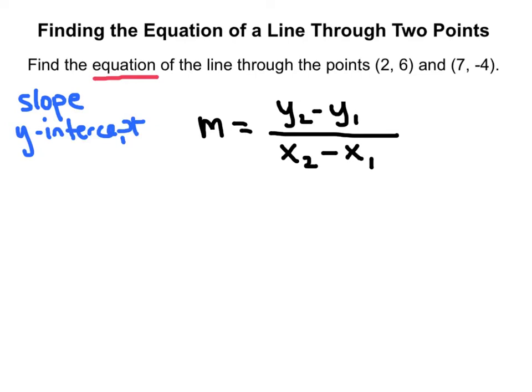For reference, I'll go with the point (2, 6) as my first point, labeled x1, y1, and the point (7, -4) as my second point, labeled x2, y2.